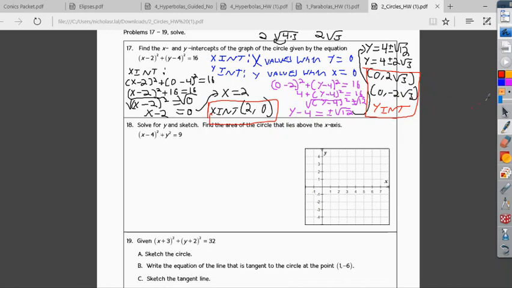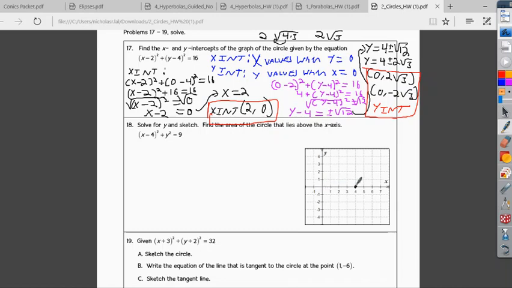Solve for x and y, and sketch. Find the area of the circle that lies above the x-axis. Okay, this one's fun. X minus 4 squared plus y squared is equal to 9. We have a center at 4, 0.